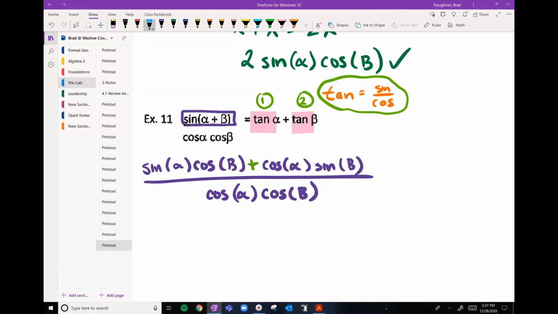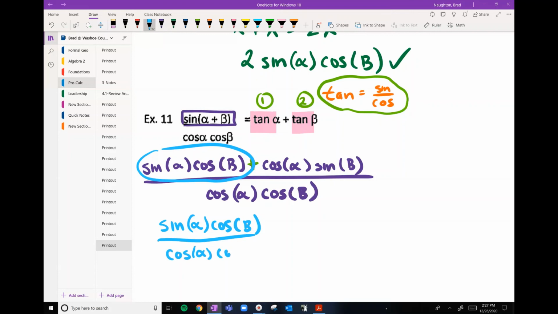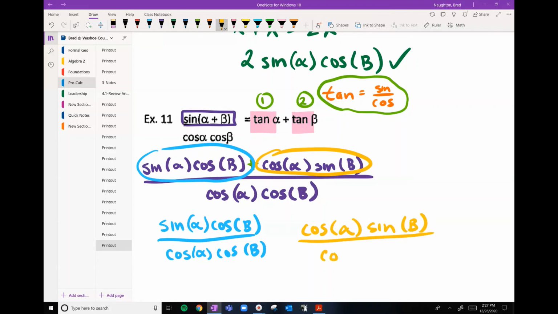I'm going to take this whole first piece and go sine alpha cosine beta over cosine alpha cosine beta. And then we'll do the same thing with the second part here: cosine alpha and then sine beta over cosine alpha cosine beta. Put a plus sign in between.